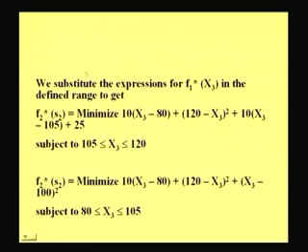So, we have written both these functions for F2 star of S2 depending on the range of values of x3. If x3 is in this range, we have one function, if x3 is in the other range, we have another function. So, we have to separately optimize both these functions and find out what is the minimum value of x3.